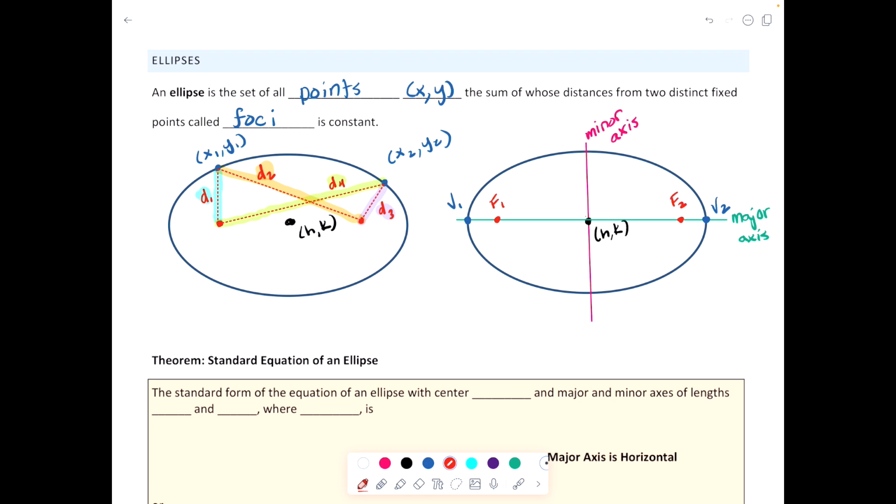Now, the length b is the distance between the center and the vertex along the minor axis.